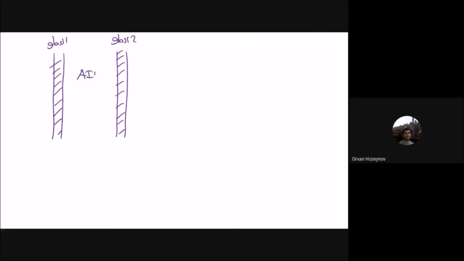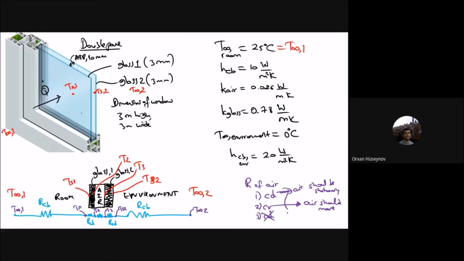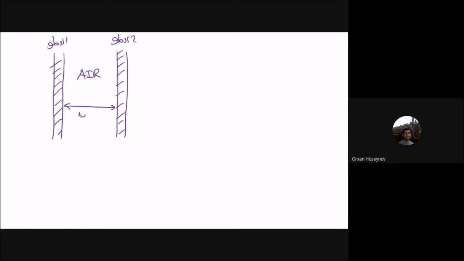I have glass one here, and I have the gap here, and then I have this glass two. And this part is the air part. And this is the thickness that we are considering, which in this case is 10 millimeters.